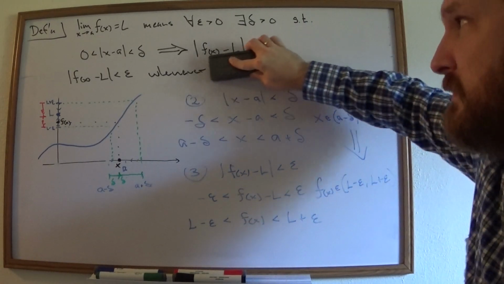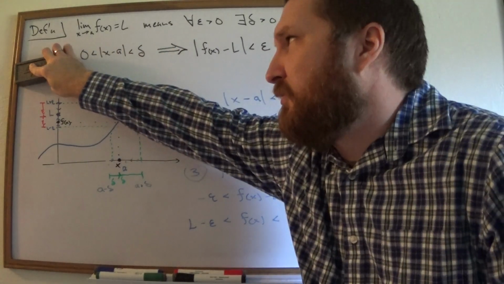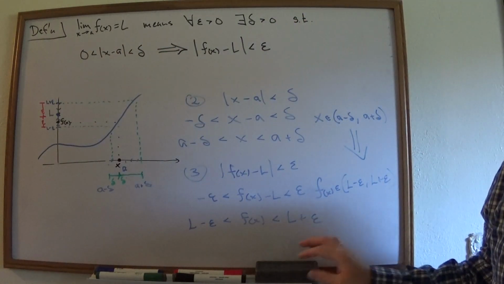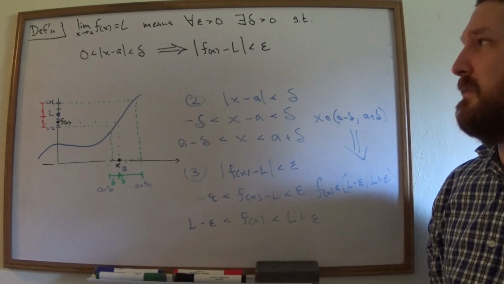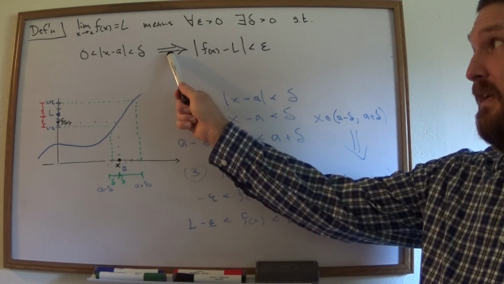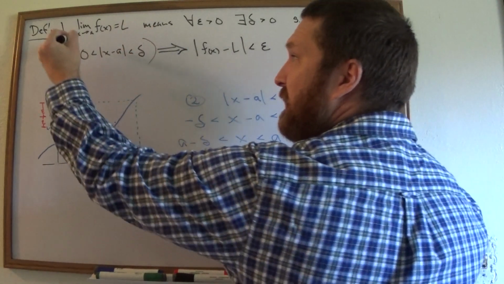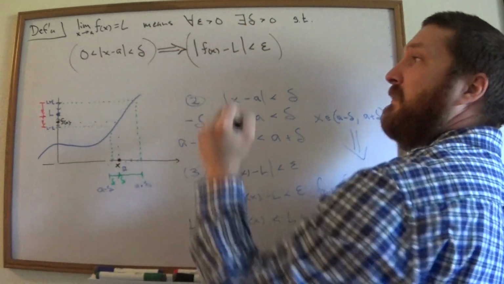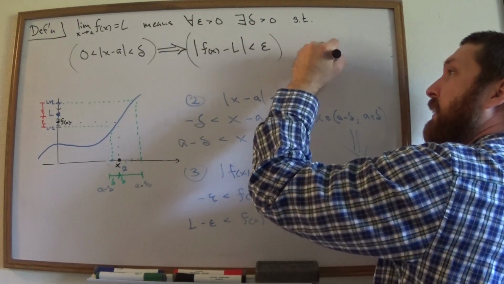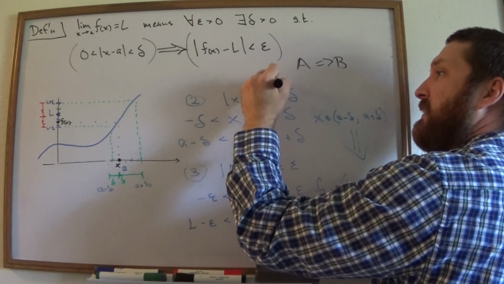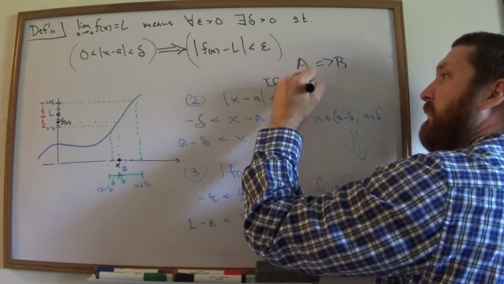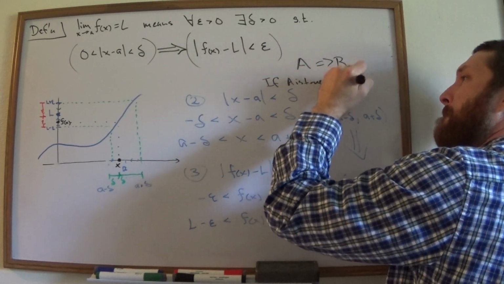In fact, I think that's what they put up on the board when I learned it in my first class on analysis. But remember, this thing means if this, then this. So A implies B means if A is true, then B is true.